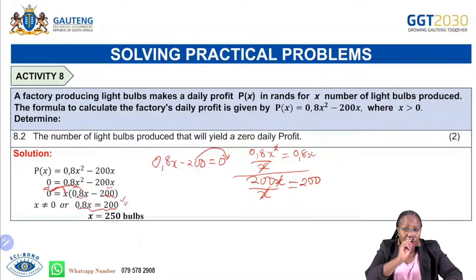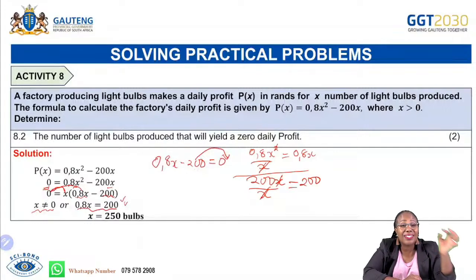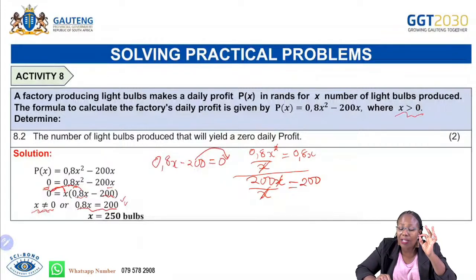That means, grade 12, the first solution is that when you don't produce any bulbs, you'll get zero profit. But we are cancelling this as not the solution because they said you must produce bulbs every day. The production of bulbs must be greater than 0. Remember, x is the number of bulbs, so there is no way that we can get 0 bulbs.